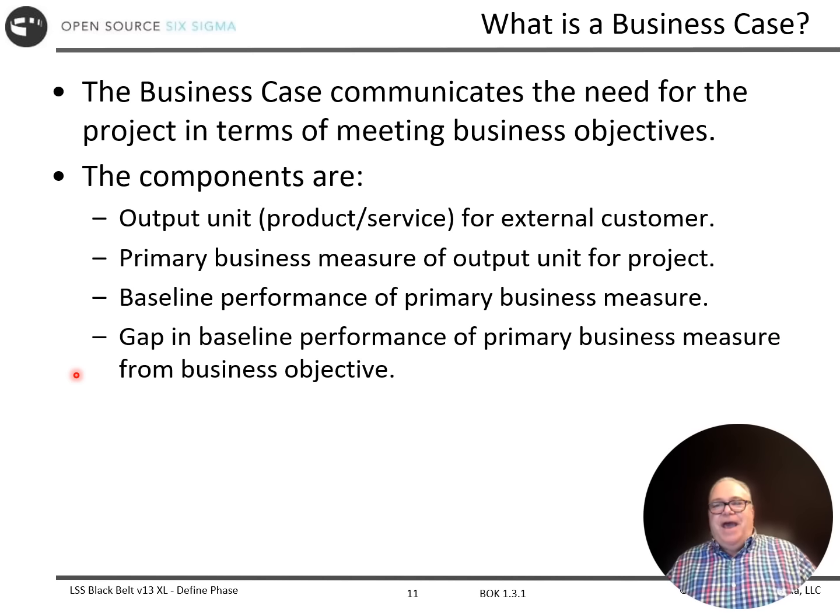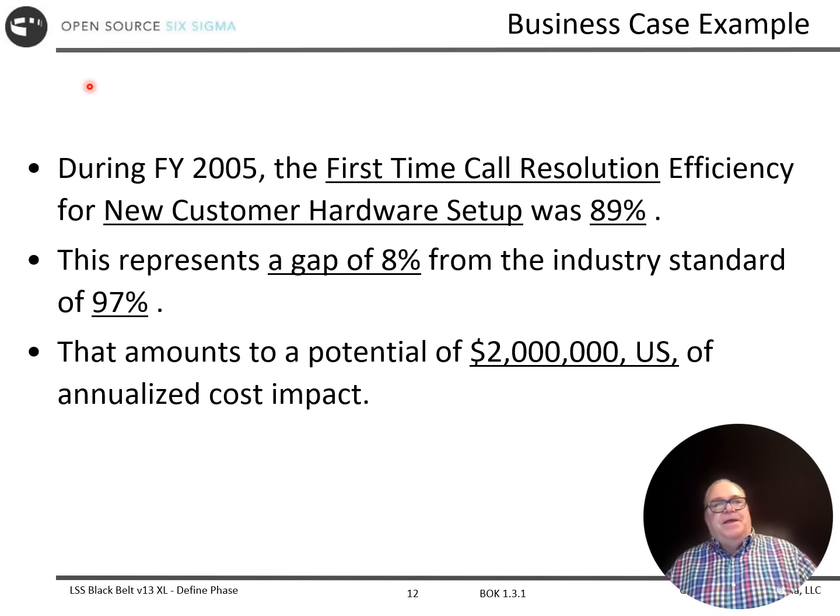So this is a format to put together a business case, and you can see it's not meant to be very complicated. It's not meant to be very wordy. It's really supposed to get at what is the performance measure we're interested in, and what is the gap in performance to where we want it to be. So, just kind of breaking it down here.